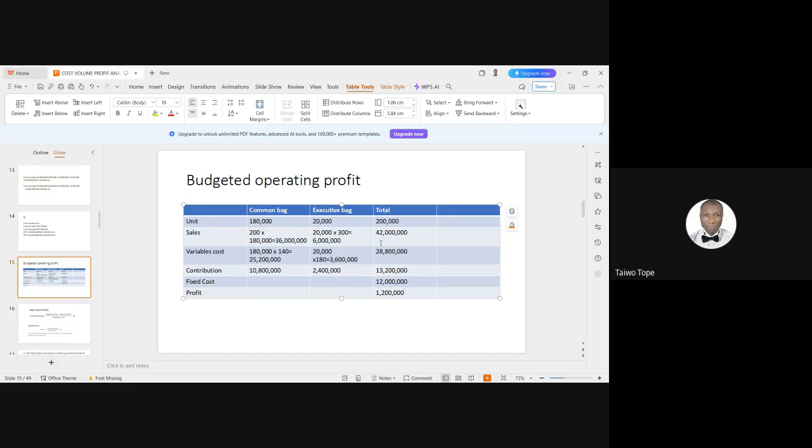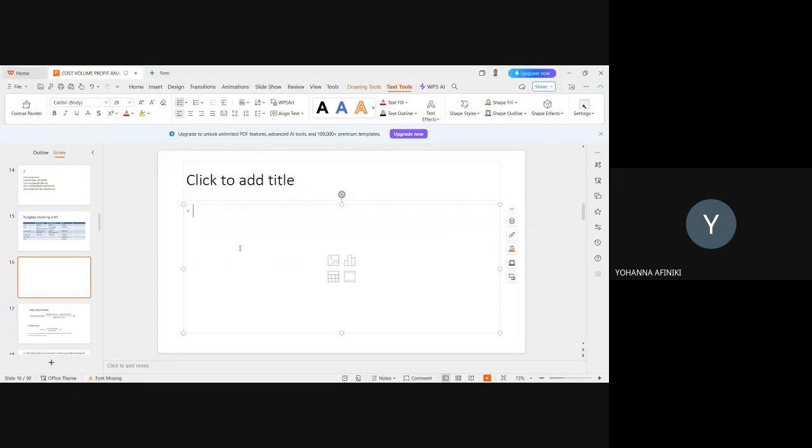The break-even point will be in total, 200 units.